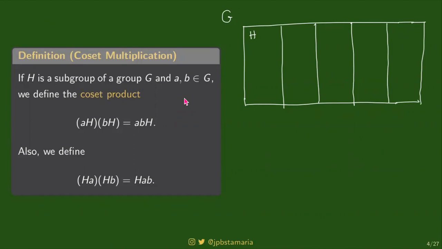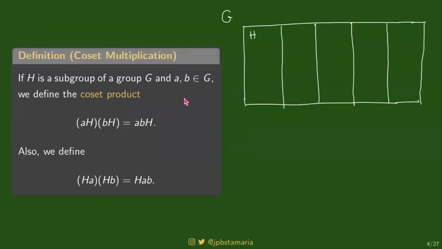Ito si A1H. Huwag na natin pangalanan. Basta kunwari may 5 coset si H sa G. Ganyan ang itsura niyan. Pagkatapos, dahil subgroup yan, sabi ng Lagrange theorem, dapat divisor ang order ni H ng order ni G. So, magkakasing size yung mga cosets na yan. Kung anong size nung subgroup, ganun din yung size ng mga cosets. Paano ginagawa yung coset multiplication?